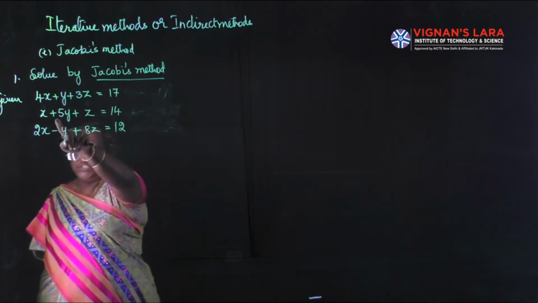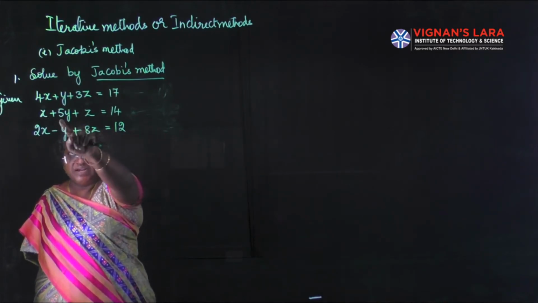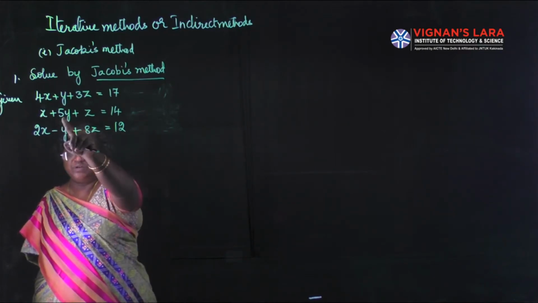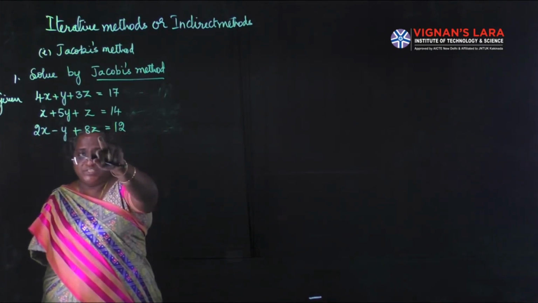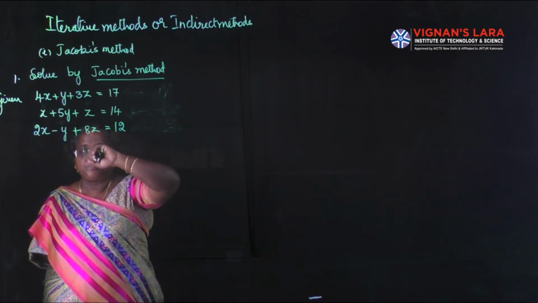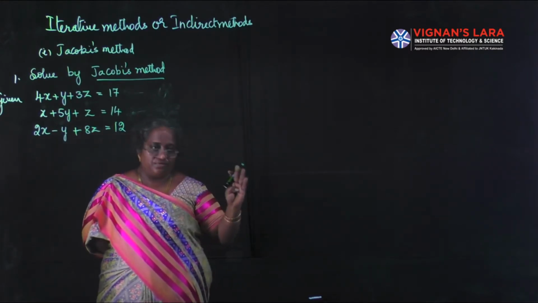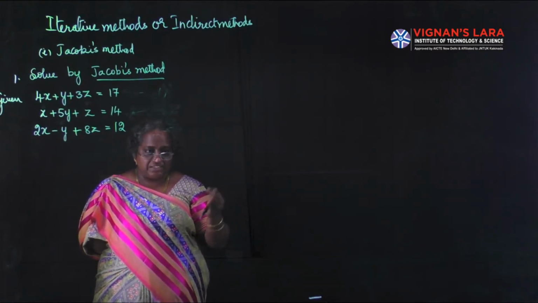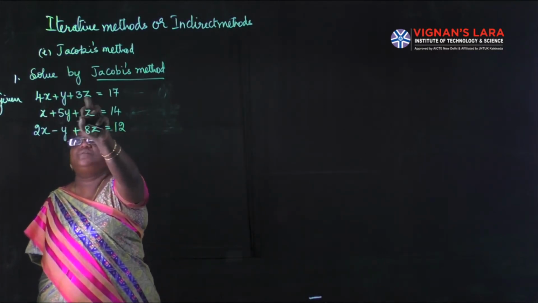From the second equation you have to write y is equal to, because y has the highest coefficient. Using the third equation, you have to write z is equal to. What does Jacobi's method say? Using these 3 equations, you must write x in terms of y and z, y in terms of x and z, and z in terms of x and y. How you write will be decided by the coefficients of x, y, z.